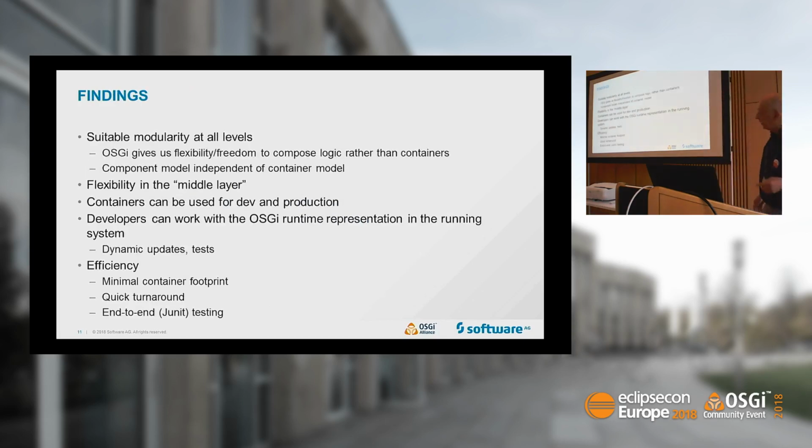So these are our findings, just to round this off. We think that OSGi gives us additional power in selecting the right modularity at the right level. The way I code the system is really coding the logic. So I coded the greeter service, I coded the login management of users.